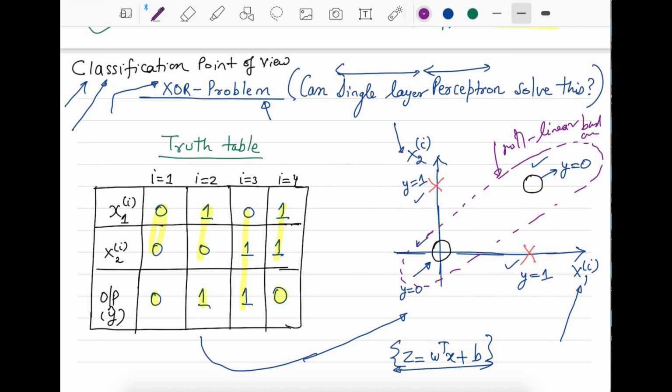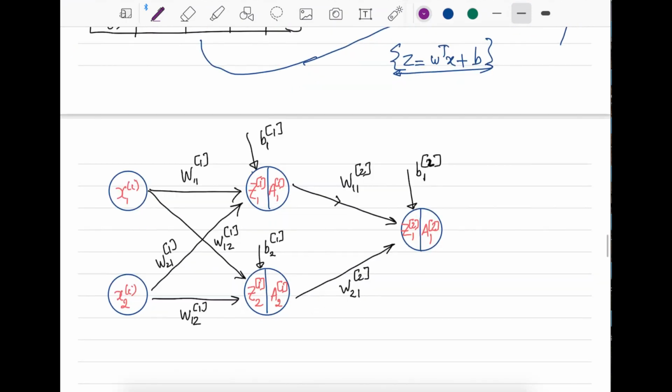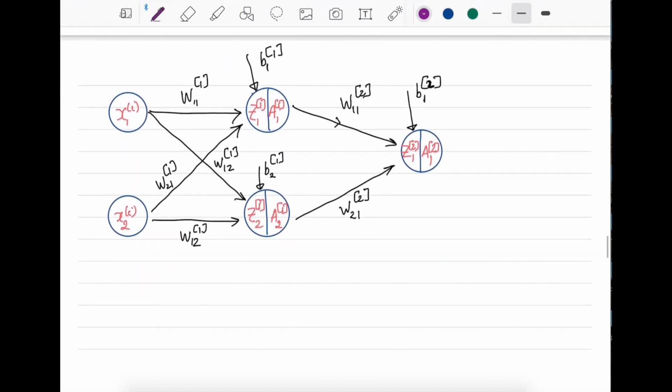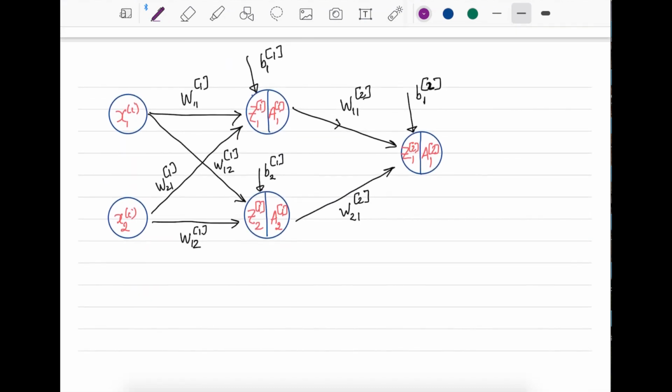Because of this, from the classification point of view, we have to take help of multilayer perceptrons. Without multilayer perceptrons, you cannot do that. And again, you can see this is the neural network corresponding to it. I leave it to you to work out what the W's and the B's will be for all this.